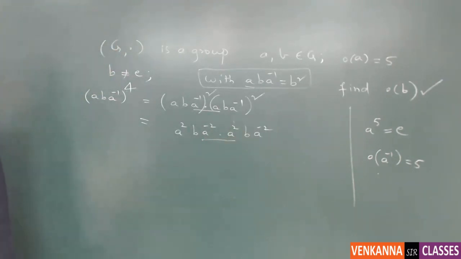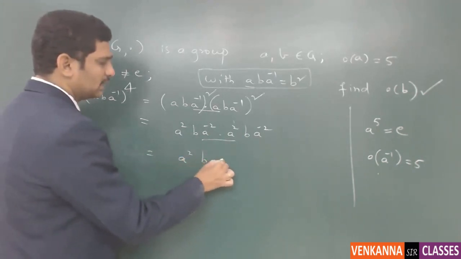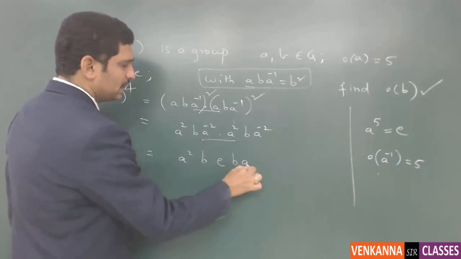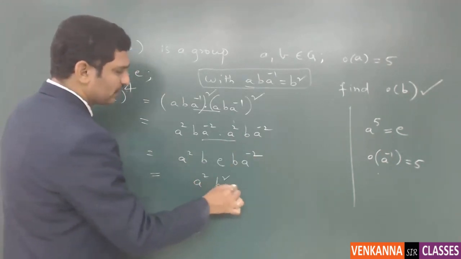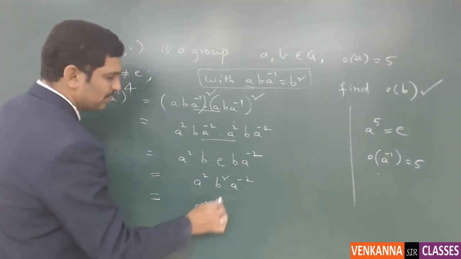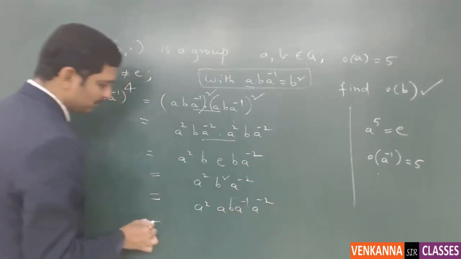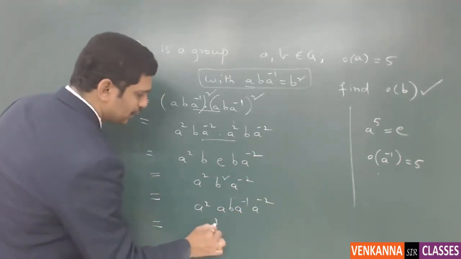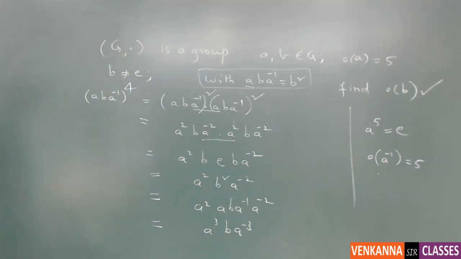Again, this part is nothing but identity. You can write it as A power 2 B identity B A power minus 2. So again, A power 2 B square A power minus 2. So B square is nothing but A B A inverse, giving A cube B A power minus 3. You please check on that.